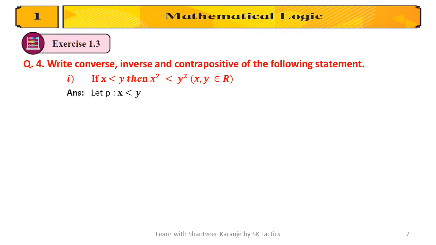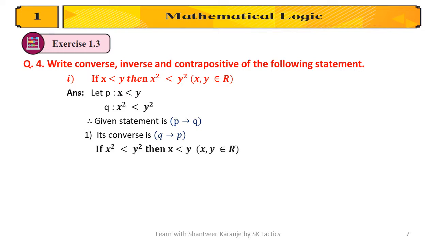First of all we bifurcate them into P and Q. Let P be x is less than y, Q be x square is less than y square, and the given statement pattern is P implies Q. Now we know that the converse of this statement is Q implies P. So we write this in statement form as: if x square is less than y square, then x is less than y, for all x and y belongs to the real number set. This is the converse of the given statement.